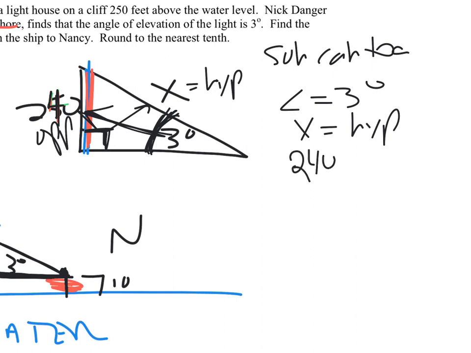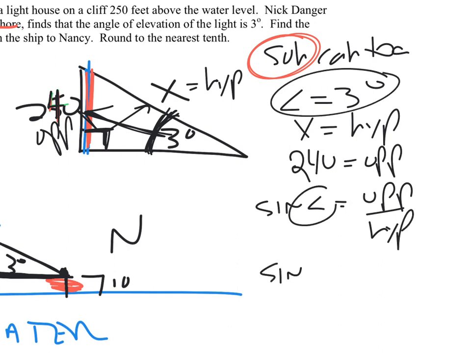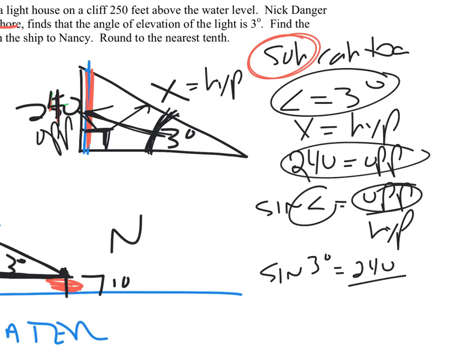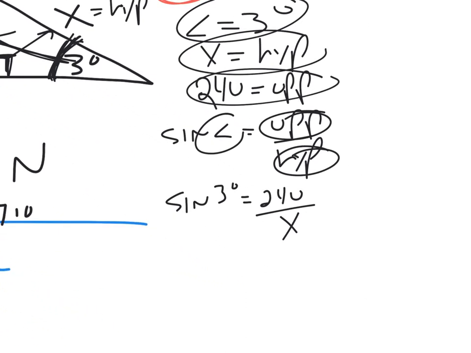So this is going to be an example of hypotenuse and opposite, or sine. The sine of an angle equals opposite over hypotenuse. So here the sine of 3 equals the opposite, which is 240, over the hypotenuse, which is x.